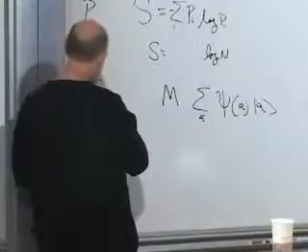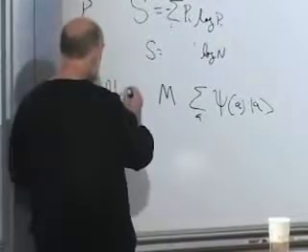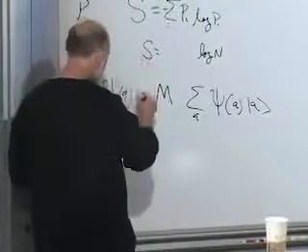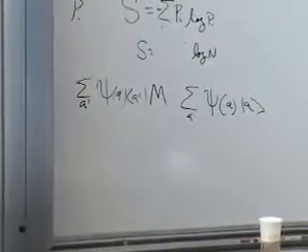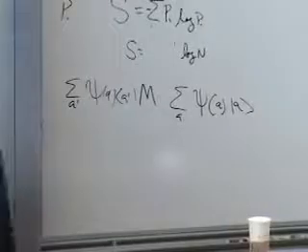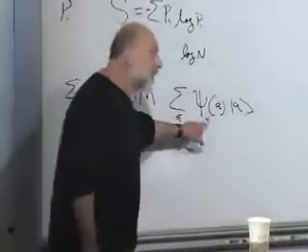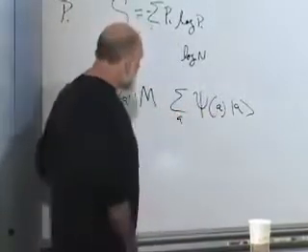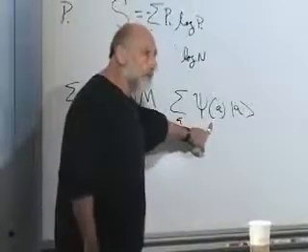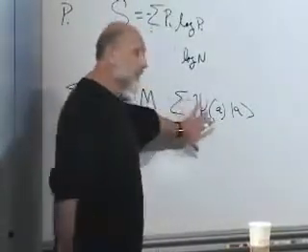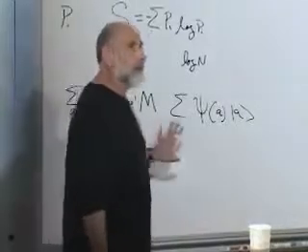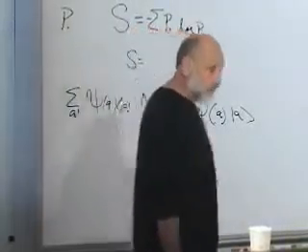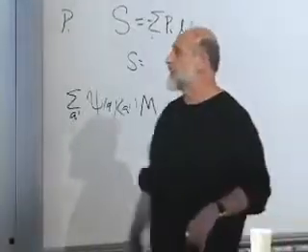That's sum over A prime of psi of A prime, ⟨A′|. So in calculating the expectation value, if the vectors on either side are expressed as sums, you have a double sum to do. I've called the left part of the double sum prime and the right part unprimed. So it's the same thing except we have two labels here.